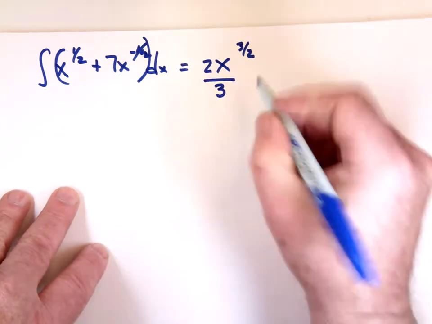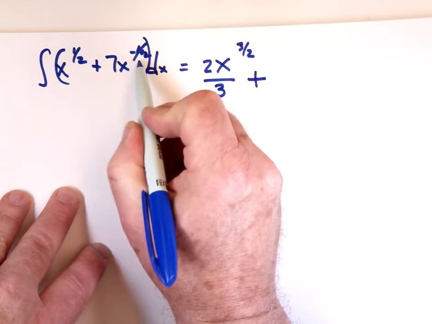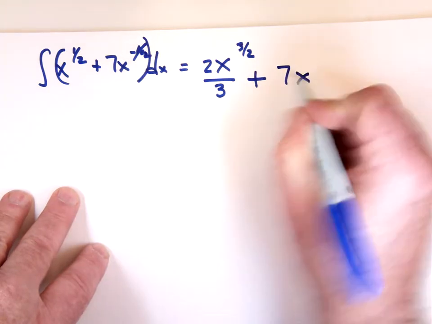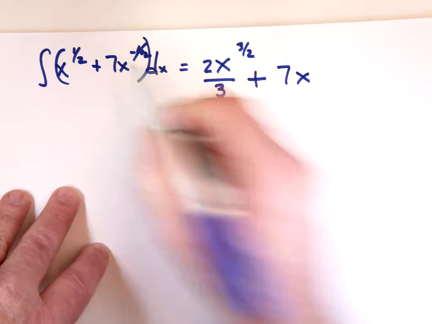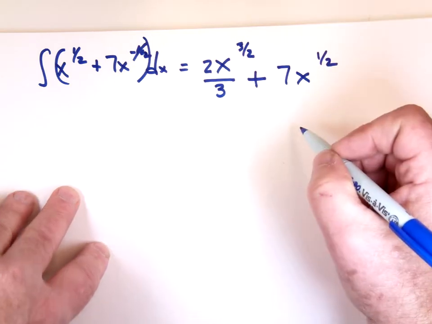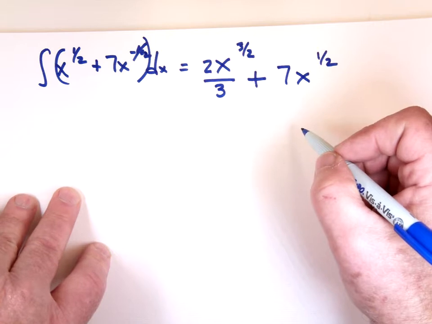Plus, that's a negative 1/2 here, 7x. Add 1 to the negative 1/2, which will give you a 1/2, divide by 1/2, which is the same thing as multiplying by 2.